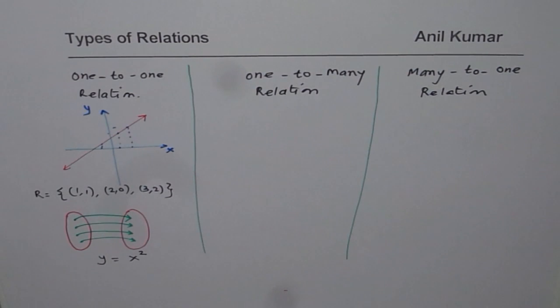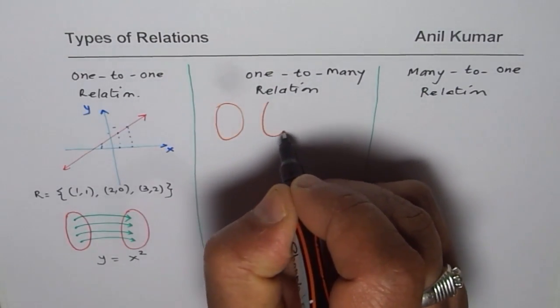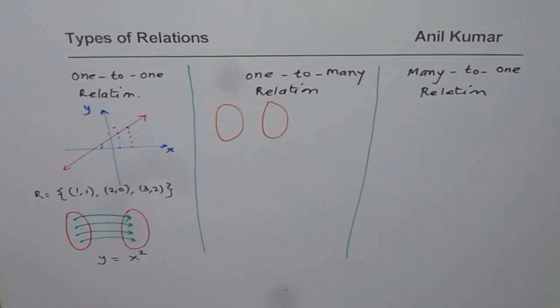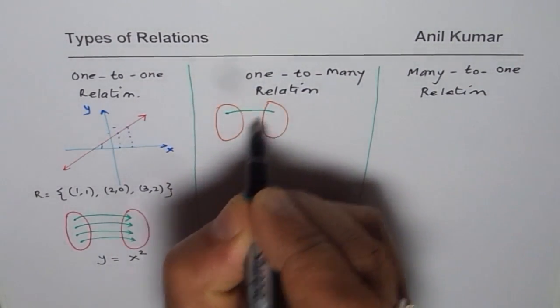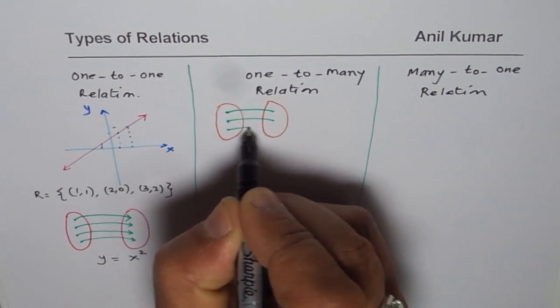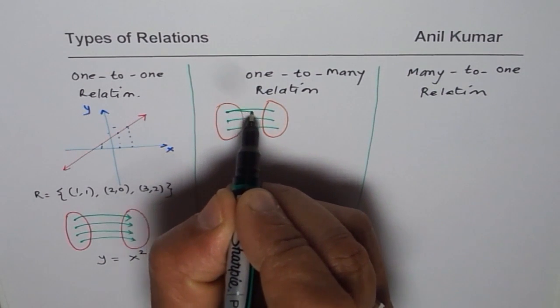Now, can you share with me some one-to-many relations? One-to-many. That means for one value, we have more than one value on the other side. That means the relation in which the association of elements in this group is not just one-to-one, but one could have more than one value.